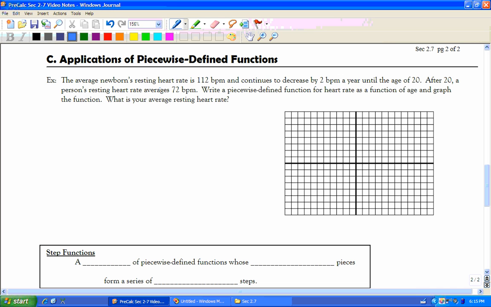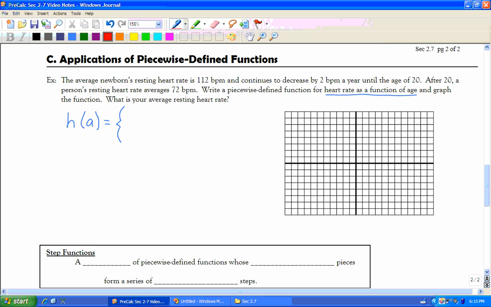Well, it says to write a piecewise defined function for heart rate as a function of age. So I'm going to call this h of a, heart rate as a function of age. And you can see that this has two separate pieces. The first piece is from a newborn until the age of 20.